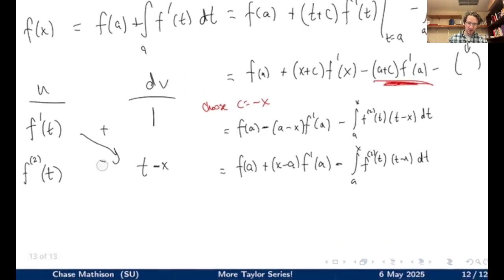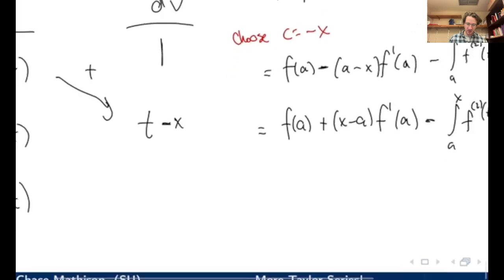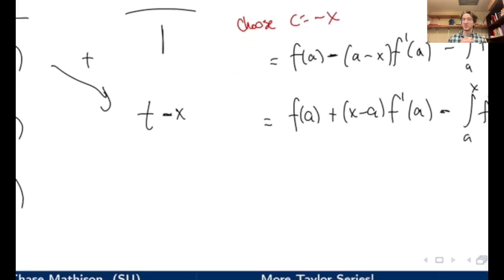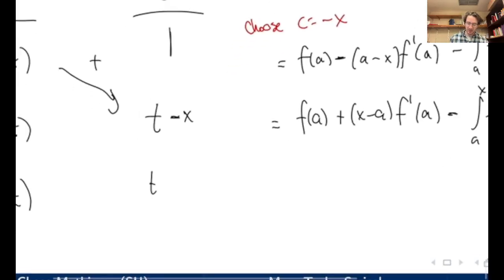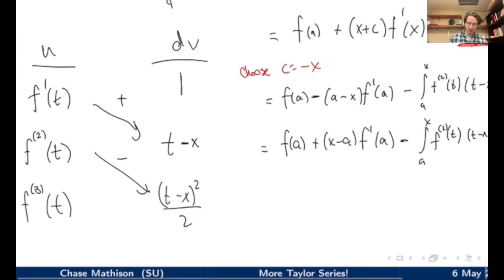I could have come over here and done another derivative, and over here, if I integrate t minus x with respect to t, I get t minus x squared over 2, right? And then this becomes a minus, and then this becomes a plus.